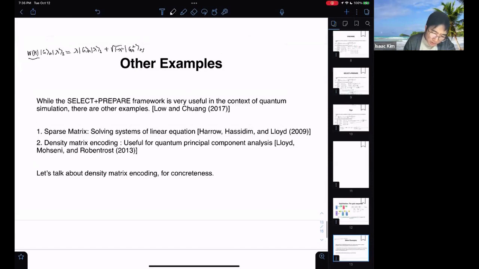So let me just tell you about one example, which is not about Hamiltonian simulation. It's kind of a very weird thing, but it turns out that you can do things like this. Suppose we have an arbitrary quantum state, and we want to evolve it by some density matrix.